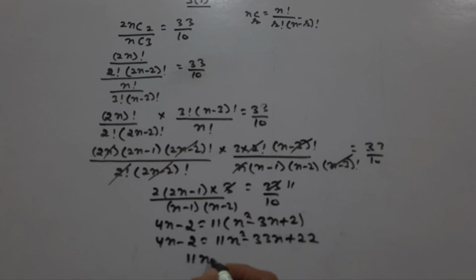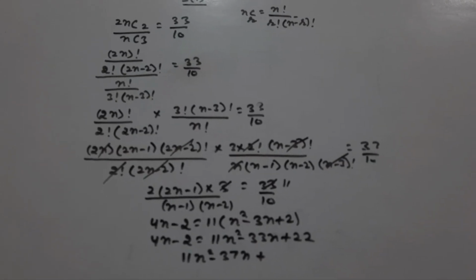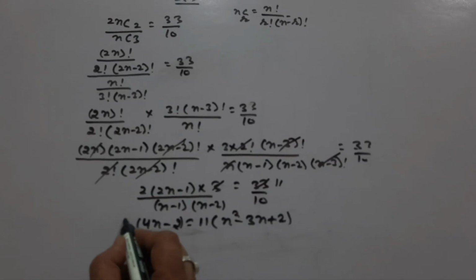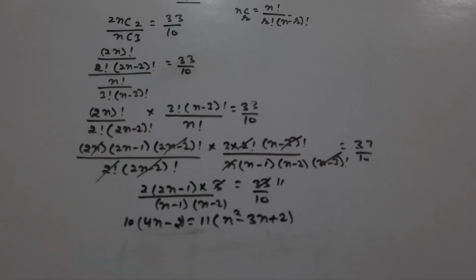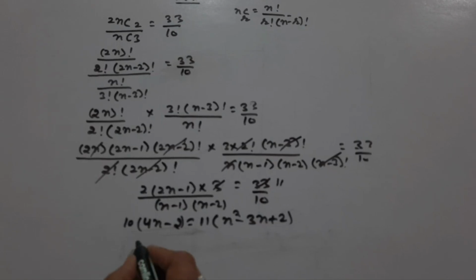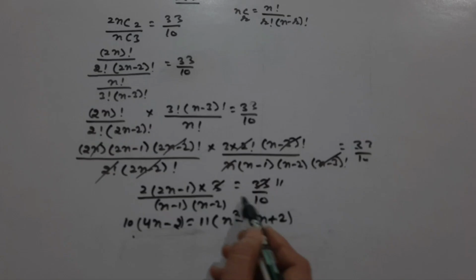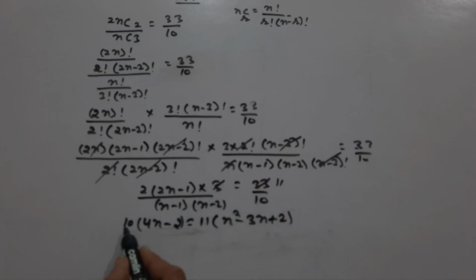So we get 11n square minus 37n plus... students, here we get 10. Make a correction, that here we have 10, and when we do the cross multiply, we will write 10 times (4n minus 2) equal to 11 times this.